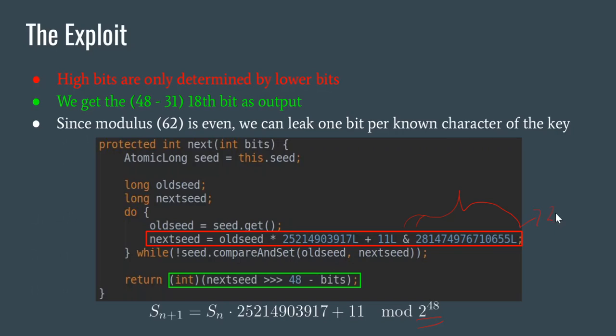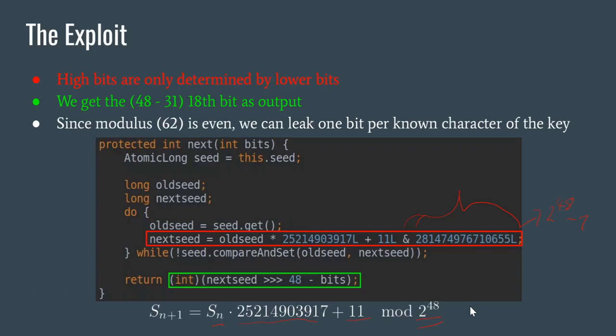This number here is 2 to the power of 48 minus 1. So the LCG takes a state, multiplies it with the multiplier, adds the offset, and then just only takes the lowest 48 bits of the result.